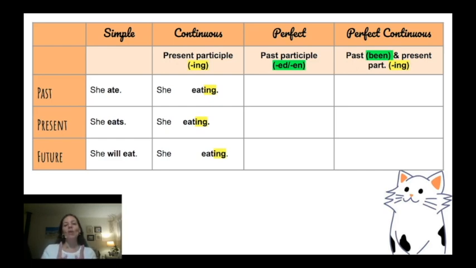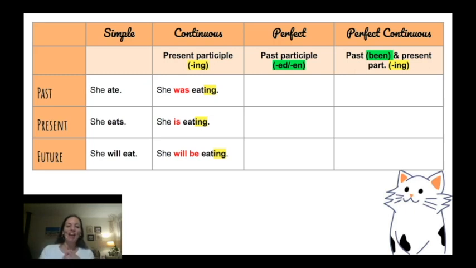And it's the auxiliary verb that will actually shift she eating into the past, present, and future. So let's start with the present first. She is eating. What would I add for the past? She was eating. And if she was eating in the future, she will be eating.